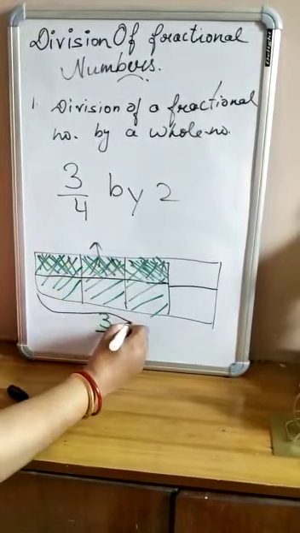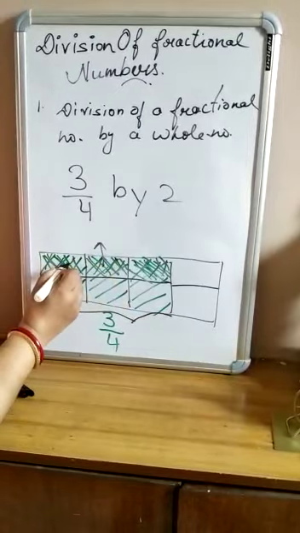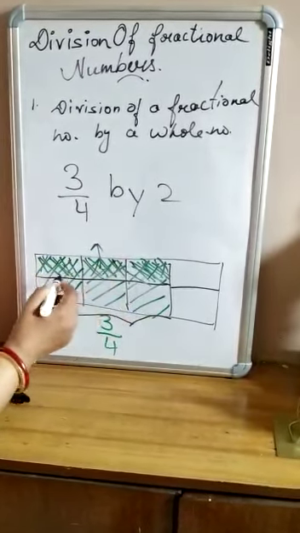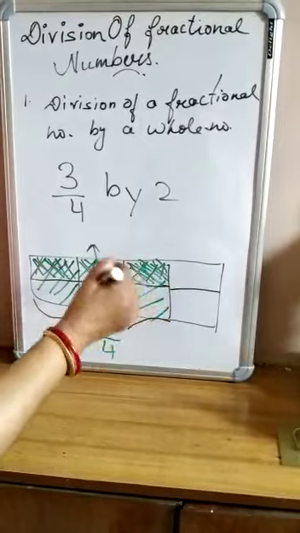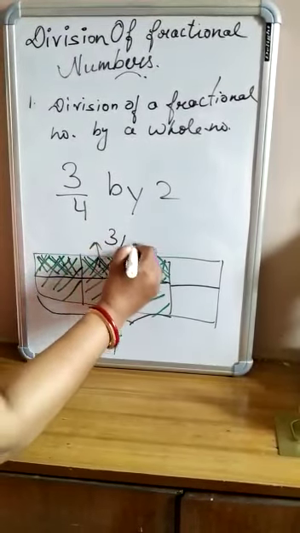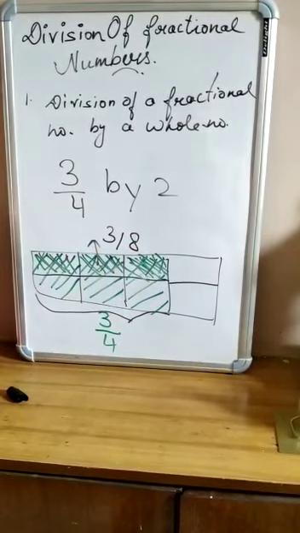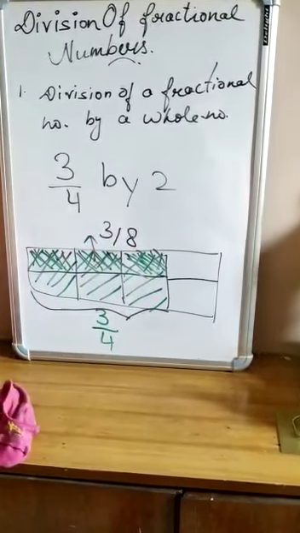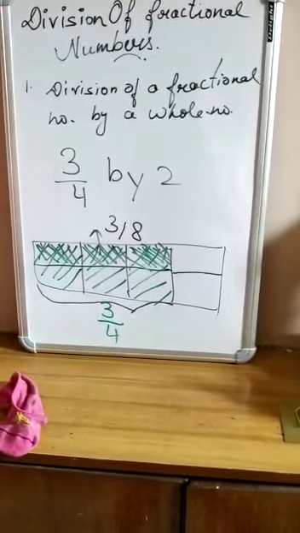This whole represents 3 by 4. But what does this shaded part represent after I divide this 3 by 4 into 2 equal parts? So this shaded part represents 3 by 8. Correct? Now, let us look at this matter in another way.